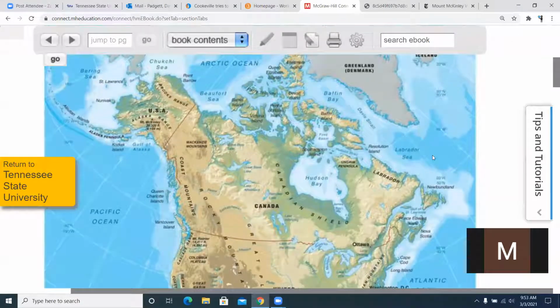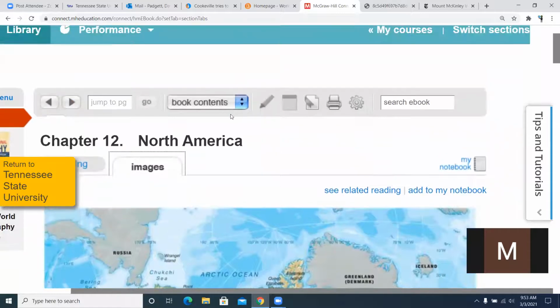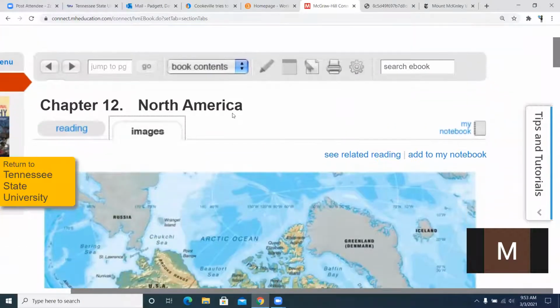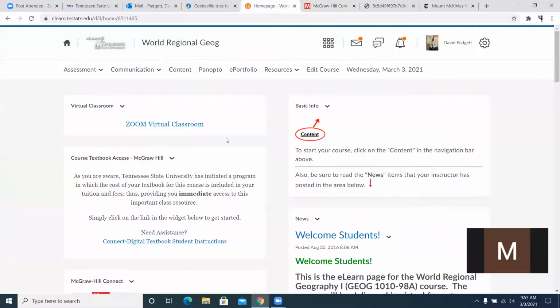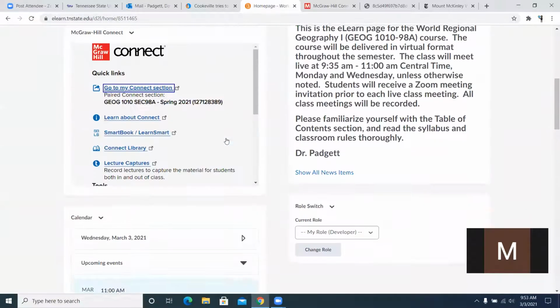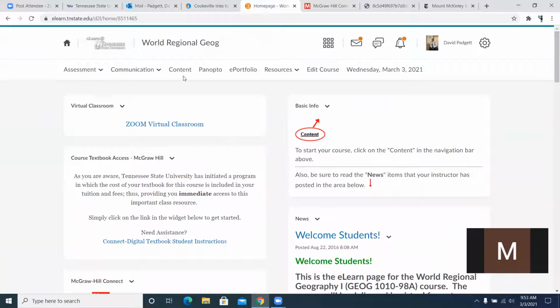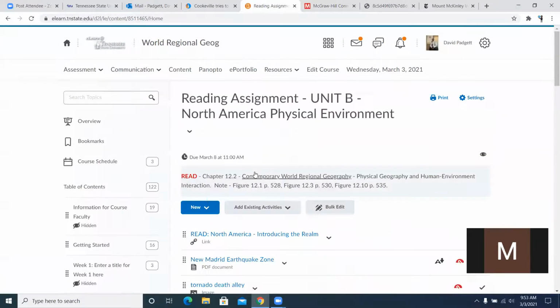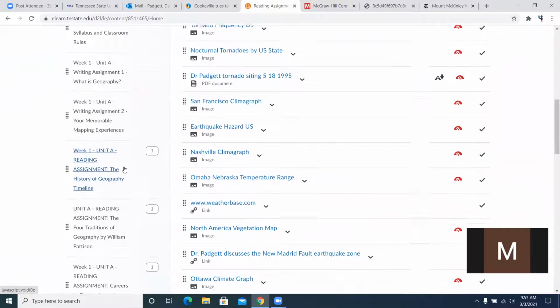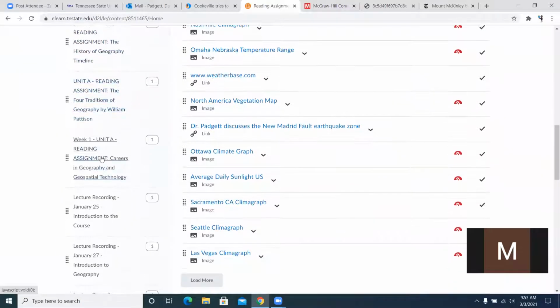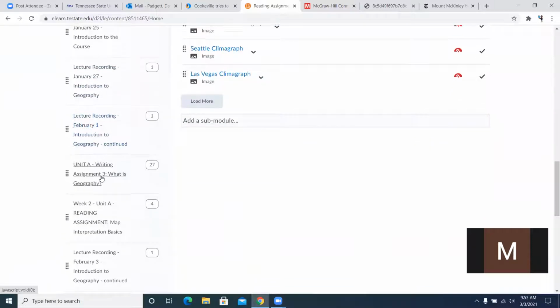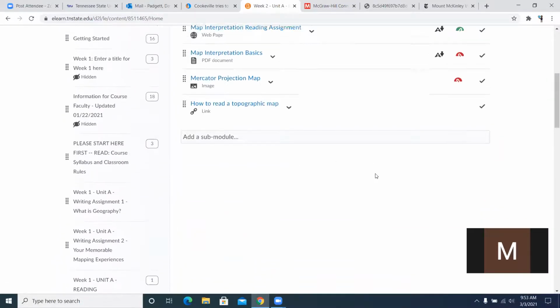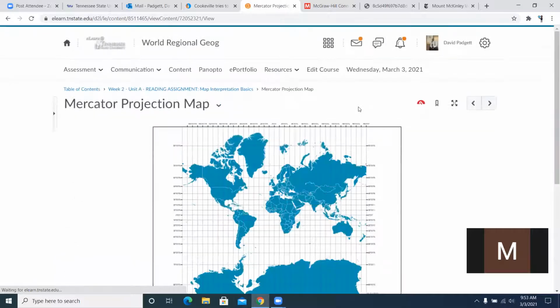Just be aware of the fact that if we go to some of the content for Unit A, map interpretation basics, we have this Mercator projection map. That's not the best one.